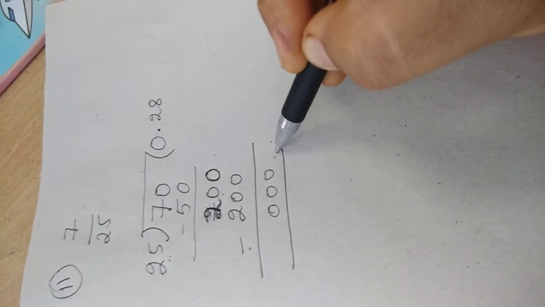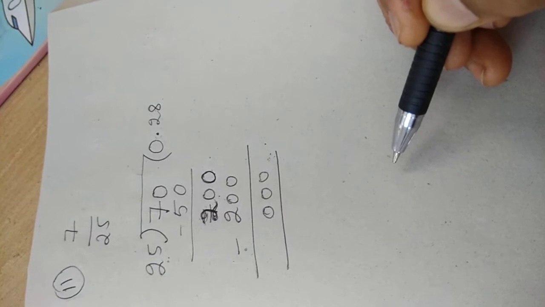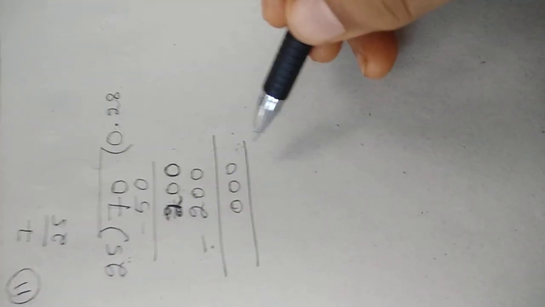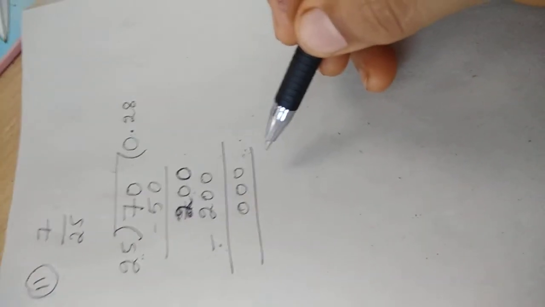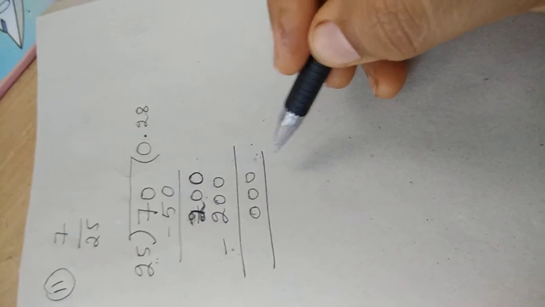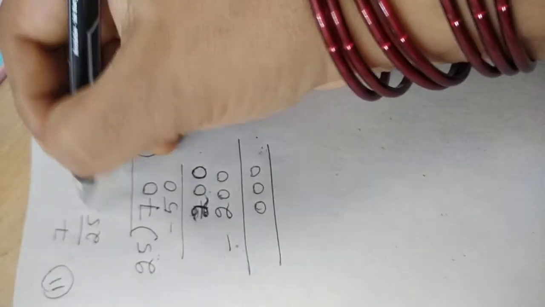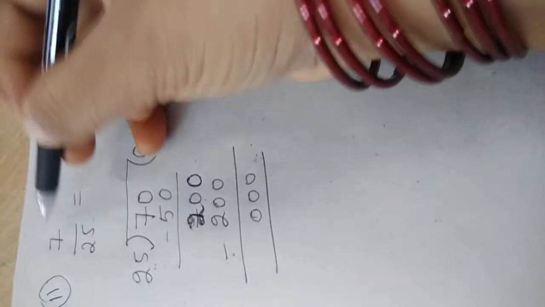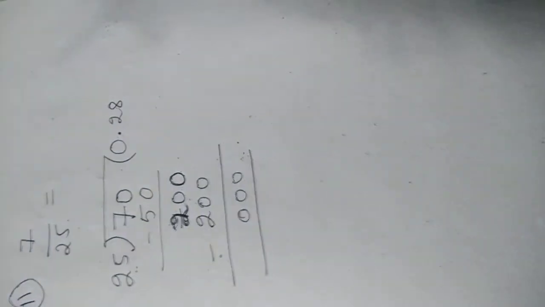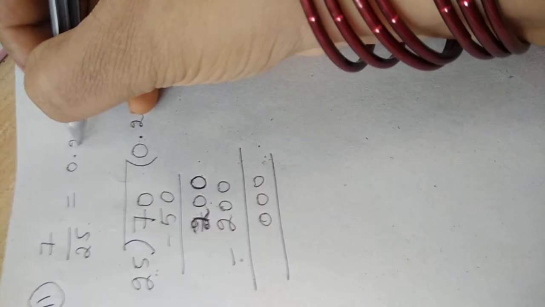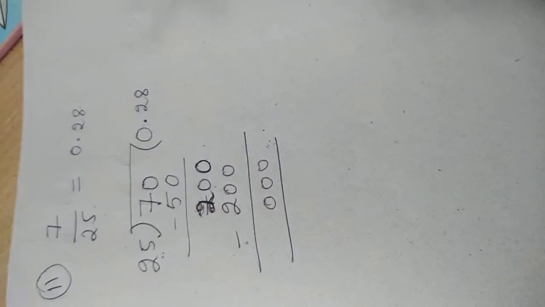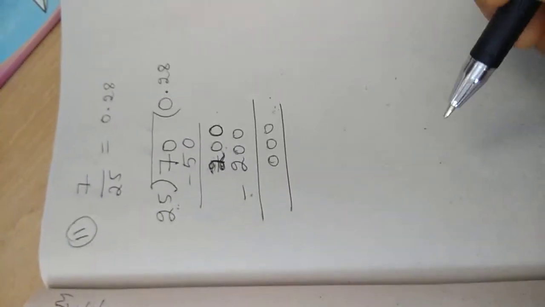It is completely divisible. Further we can't divide. Which type of decimal? Yes, terminating decimal. So what is the decimal form of 7 by 25? The decimal form of 7 by 25 is 0.28. Okay, understood? Very good.